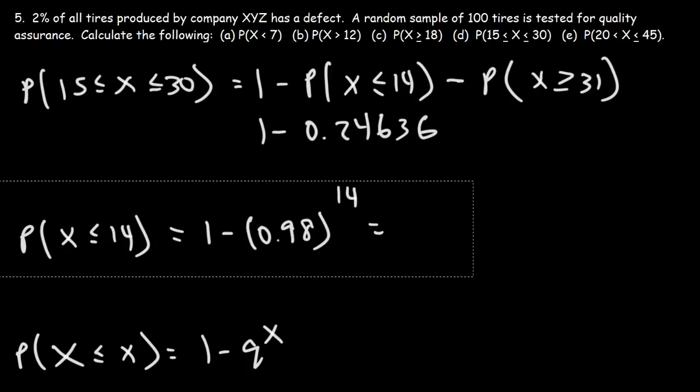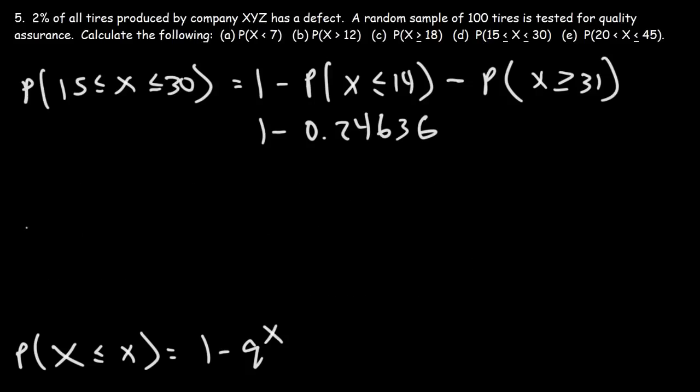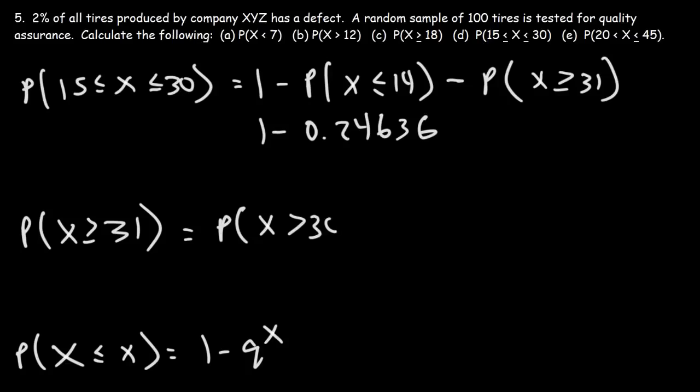Now, let's calculate the probability that x is greater than or equal to 31. So this is the same as x is greater than 30, because that would still be 31 to infinity. So we're going to use this formula.